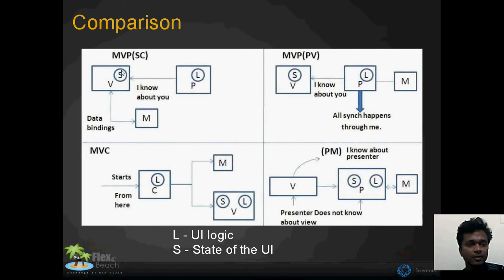In MVP supervising controller, the presenter controls the view, whereas the view is also bound with the model. In MVP passive view, the view doesn't know anything about the presenter, whereas the presenter controls the view, and the presenter is updated from the model.